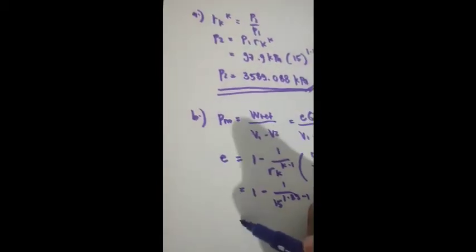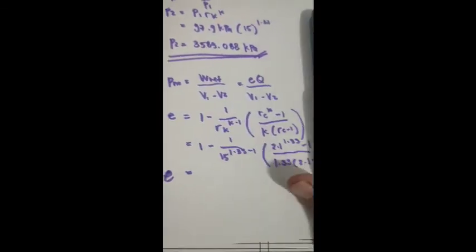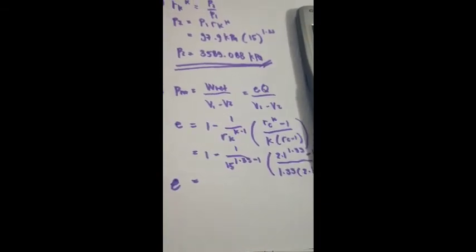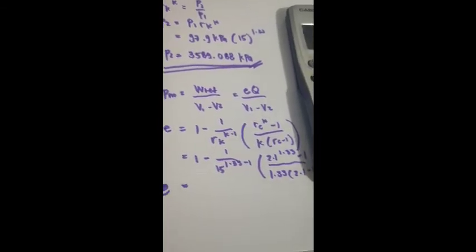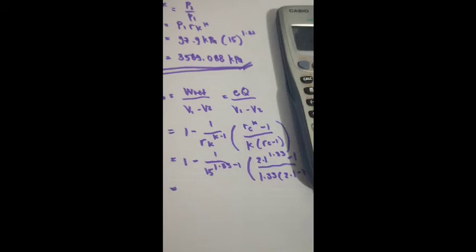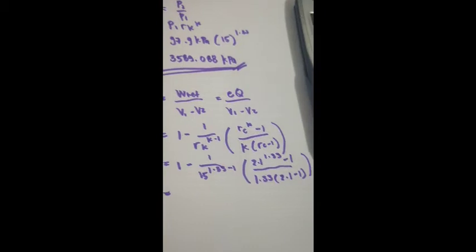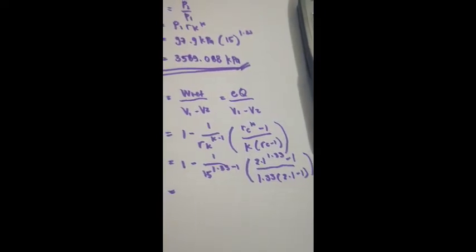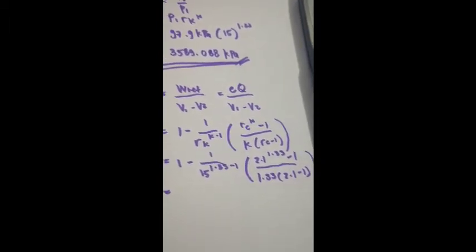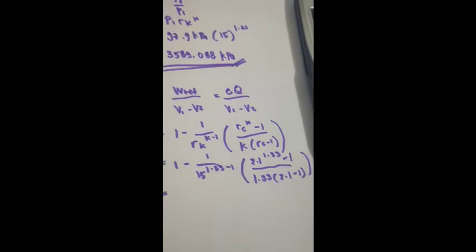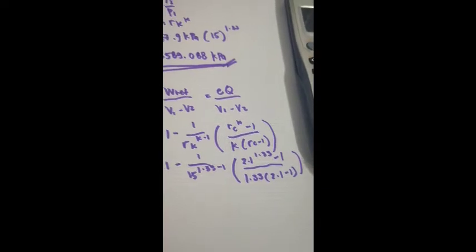So you will get the value of E is equal to 1 minus 1 over 15 raised to 1.33 minus 1 times 2.1 raised to 1.33 minus 1 over 1.33 times 2.1 minus 1.